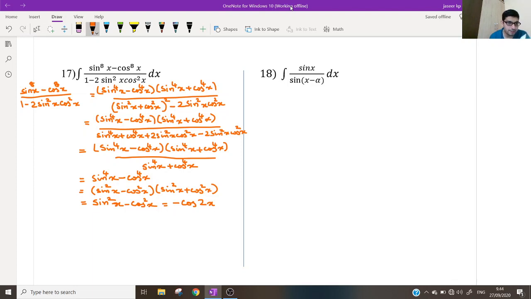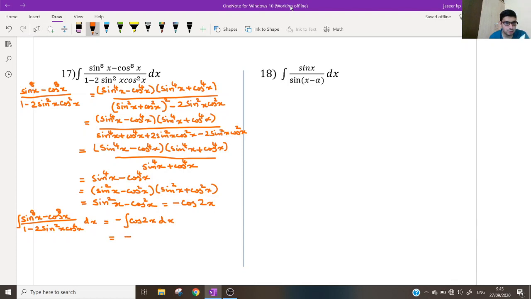So now you can integrate this. So the integral of sine power 8x minus cos power 8x divided by 1 minus 2 sine square x cos square x dx, the same thing, only we simplified it to be the integral of minus cos 2x, minus is taken outside.